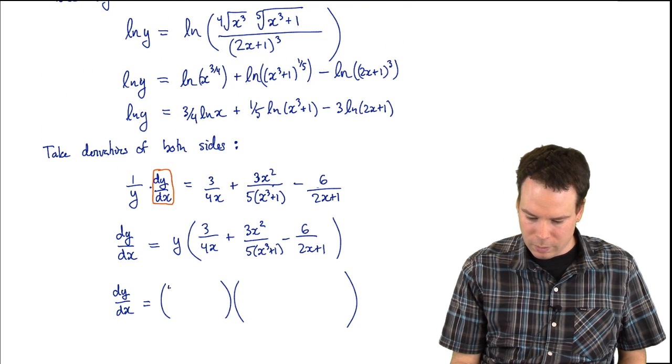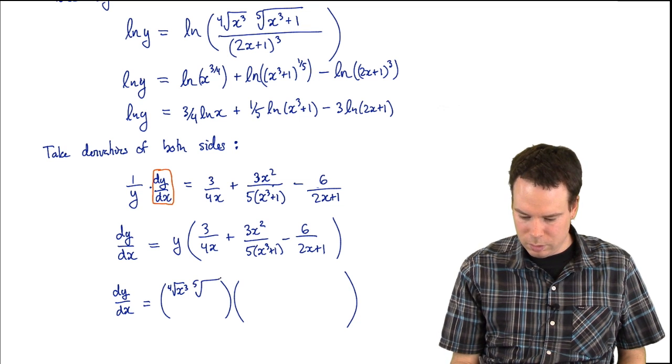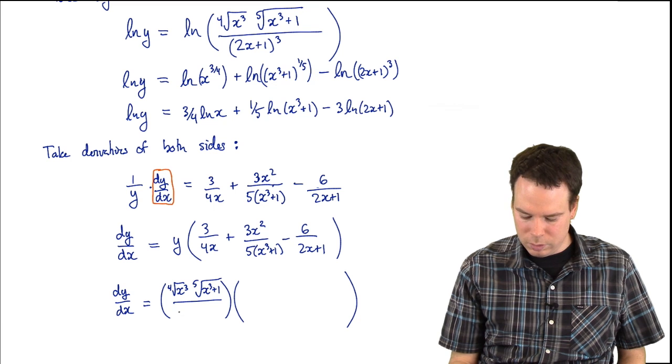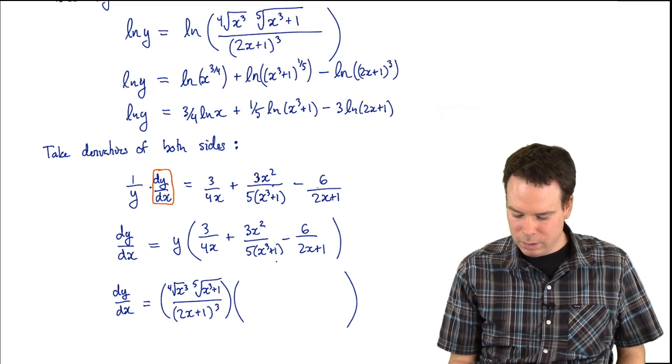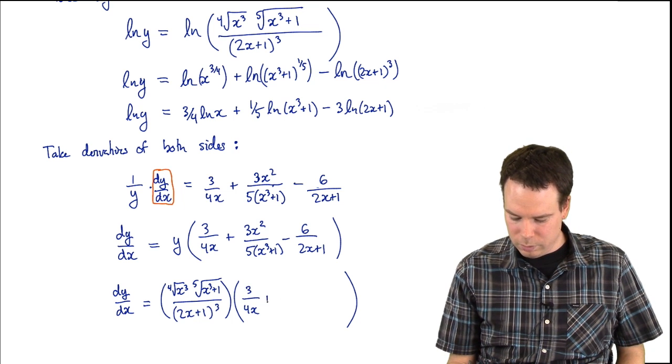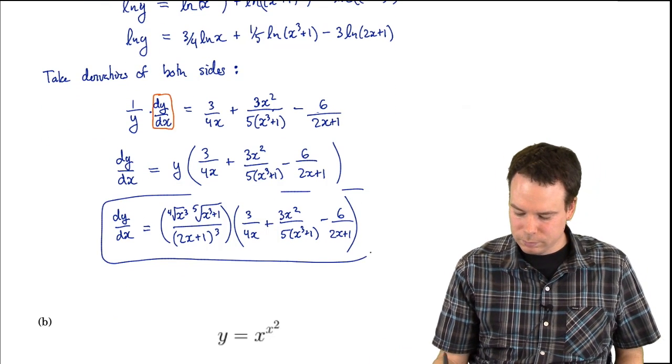It was the 4th root of x cubed, the 5th root of x cubed plus 1, all over 2x plus 1 cubed, times this thing that we already worked out, 3 over 4x plus 3x squared over 5 times x cubed plus 1 minus 6 over 2x plus 1. And so there's our final derivative.